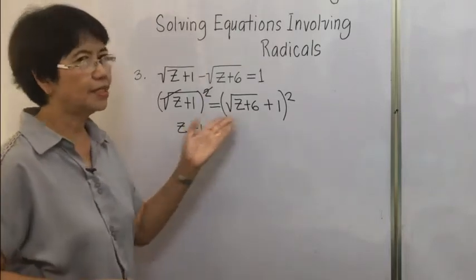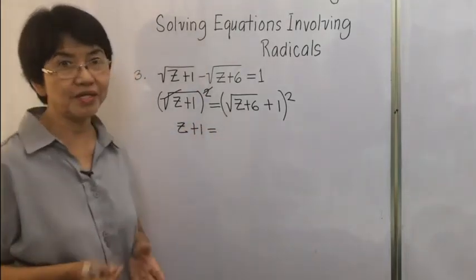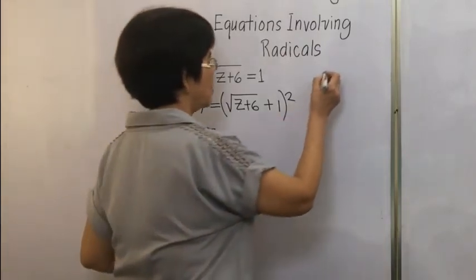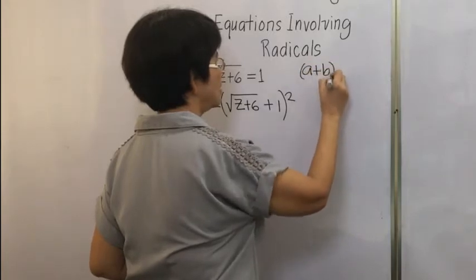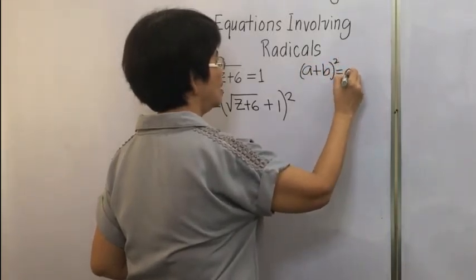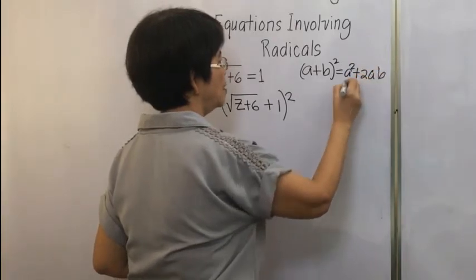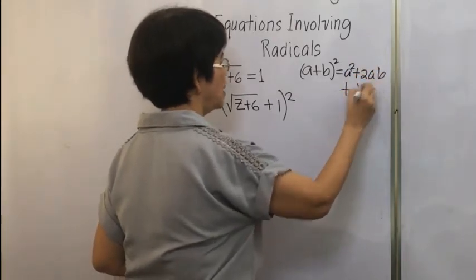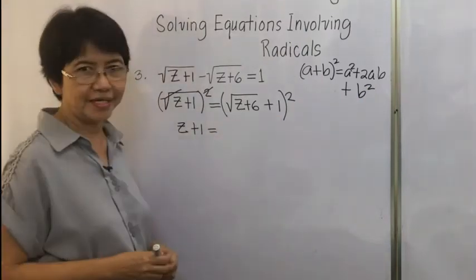Then we will square this, treat this as a binomial. Squaring a binomial, we have this formula: a plus b quantity squared is equal to a squared plus 2ab plus b squared. So this is our a and this is our b.